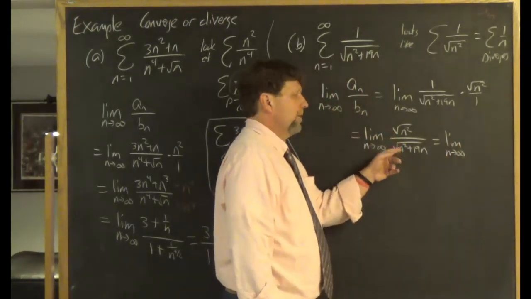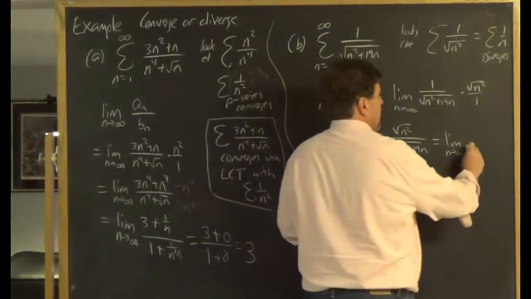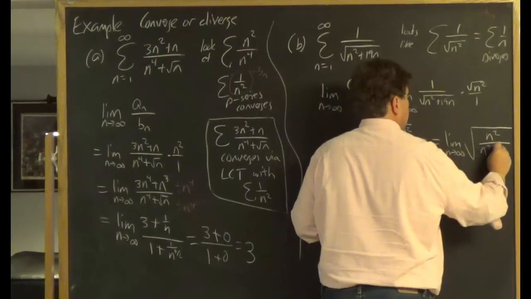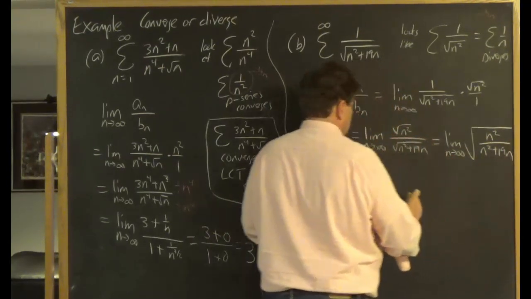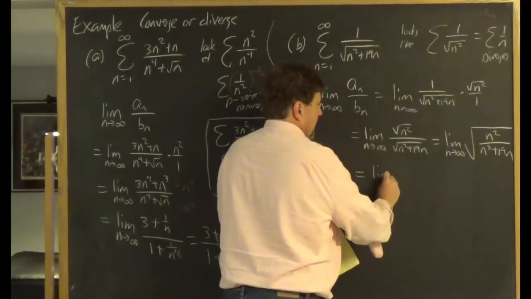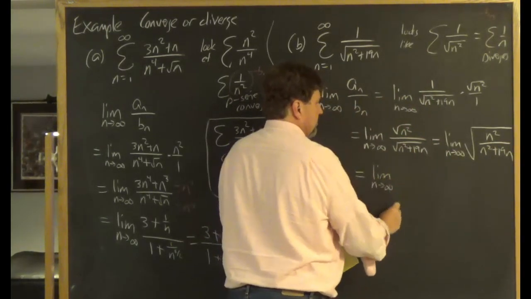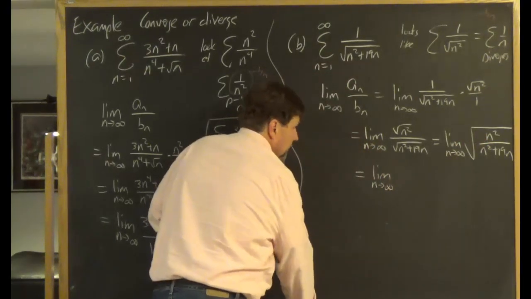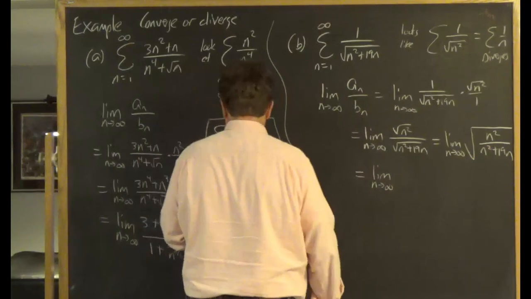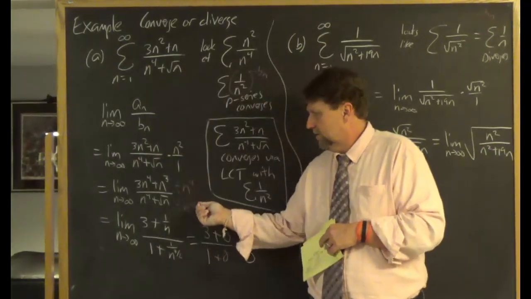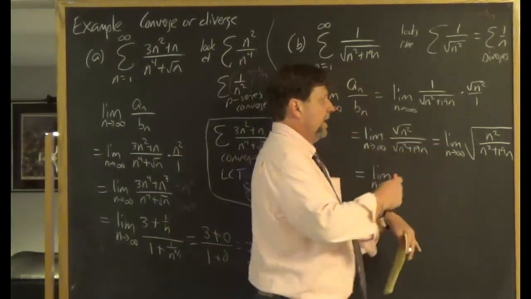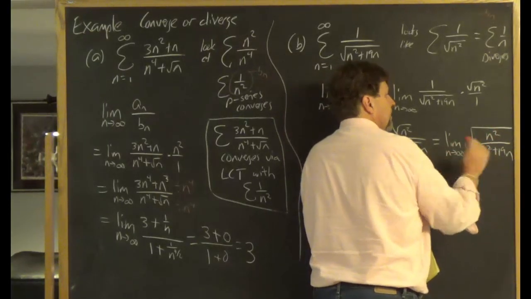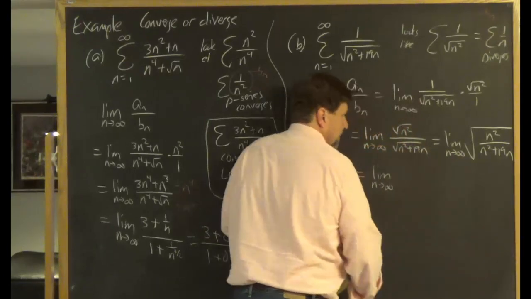I have a square root over a square root, so I can make one big square root with the fraction underneath it. Then, simplifying under the radical, I'm going to divide everything in the numerator by n squared and everything in the denominator by n squared.